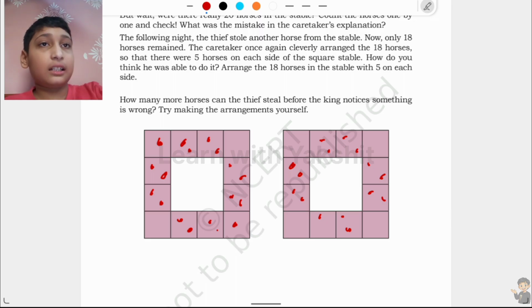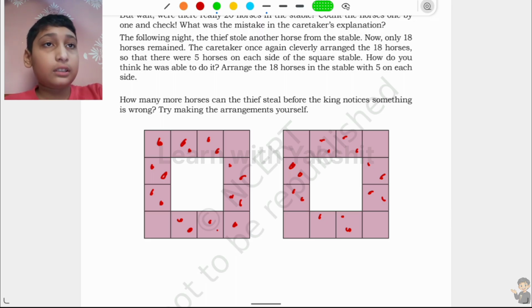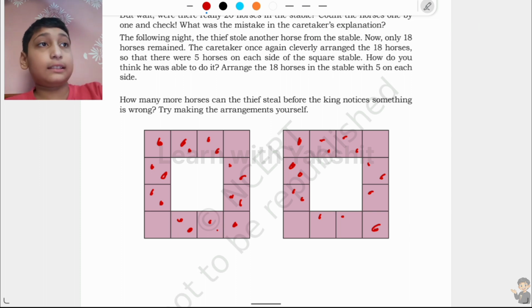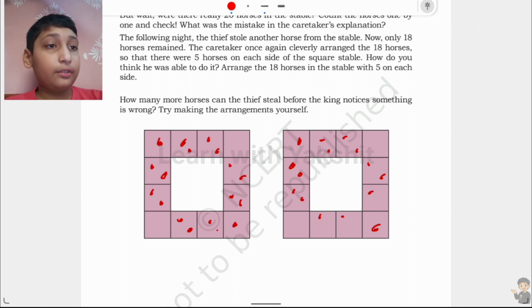How about, wait, let's remove this one and this one and this one. We have an extra horse to spare. There. Let's count. 1, 2, 3, 4, 5, 6, 7, 8.